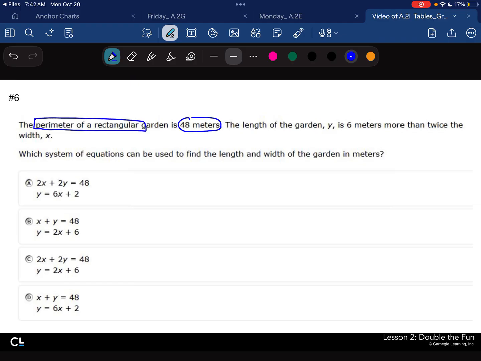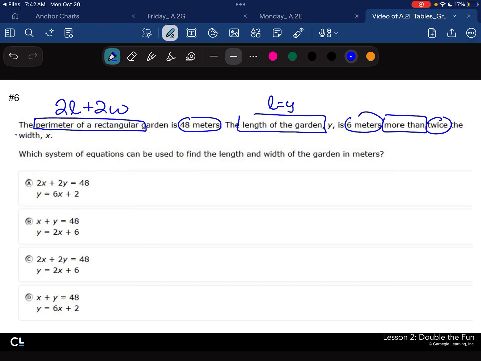And I know the formula for the perimeter of a rectangle is 2 times length plus 2 times width. The length of the garden is y, so L is equal to our y, is 6 meters more than twice the width. Whew, that's spicy.